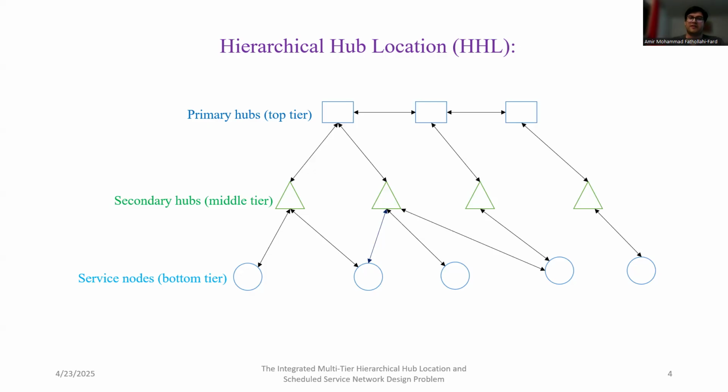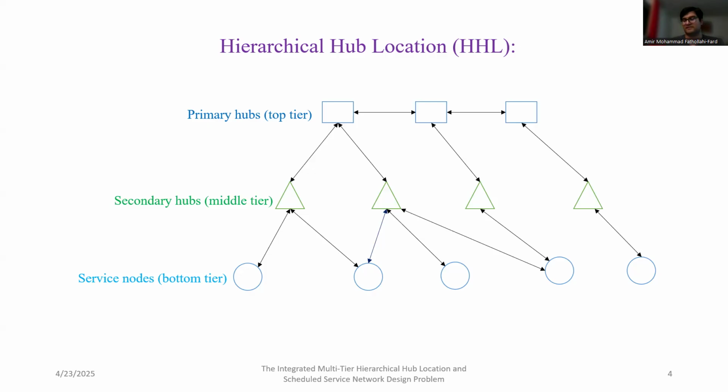So the movement of demands between these hubs can be defined as a hierarchical hub location. So in this problem, we want to determine the location of the secondary hubs and primary hubs, given that we have defined the service nodes in our system.